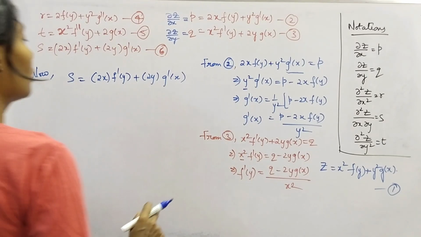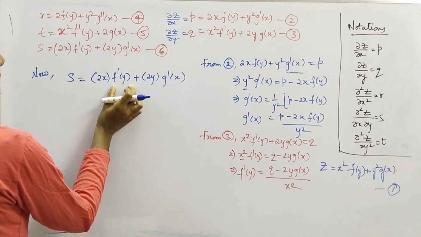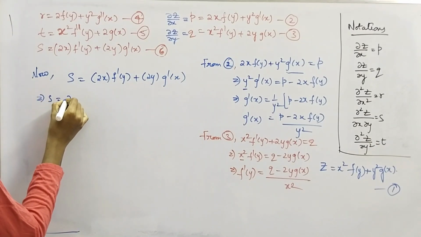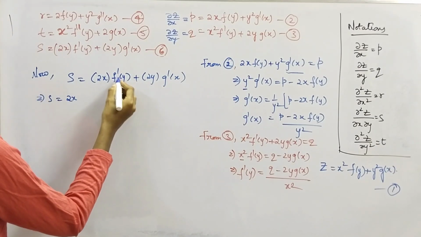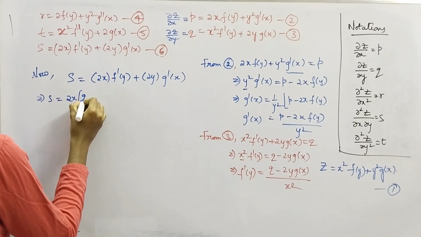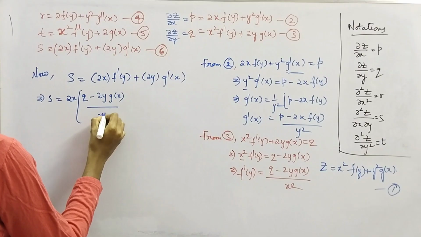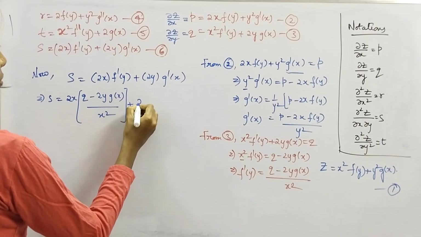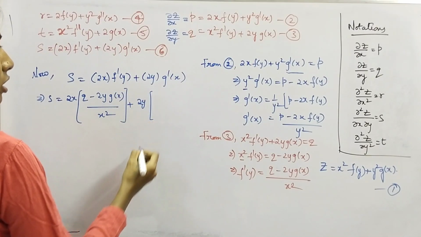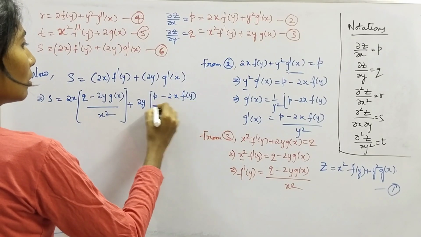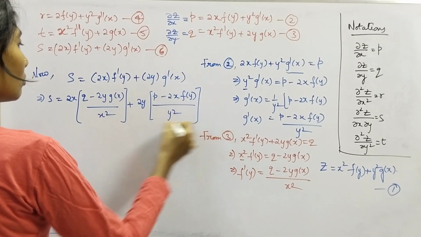Now substitute the values of f'(y) and g'(x). This gives us s equal to 2x into f'(y), which is (q minus 2y g(x)) by x², plus 2y into g'(x), which is (p minus 2x f(y)) by y².